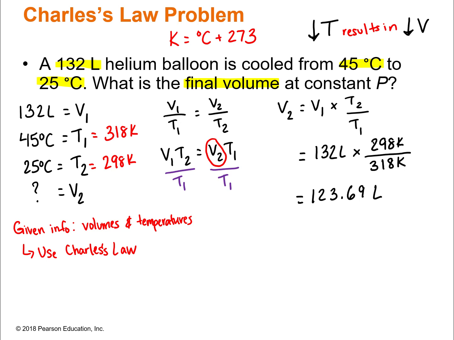We said the volume would decrease, and 123 point something is less than 132. So that's good. Now we just need to report the right number of sig figs, which should be 3 here. I know we're looking at the temperature, there's only 2, but in the Kelvin temperature that we actually used, there are 3 sig figs.